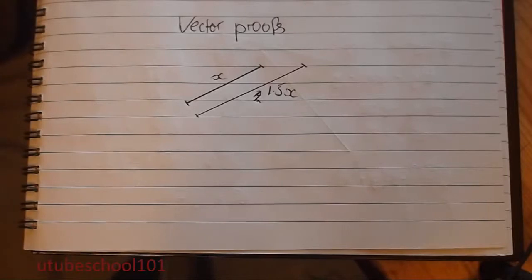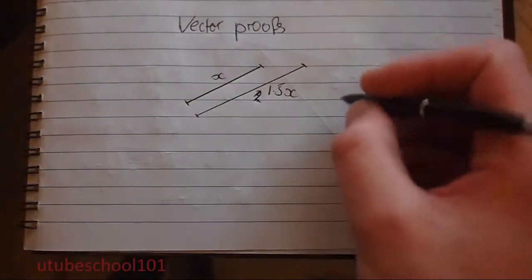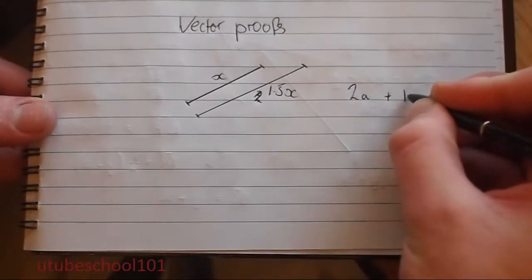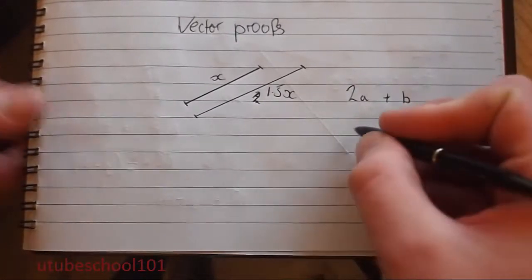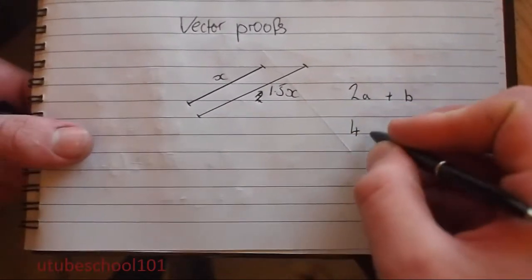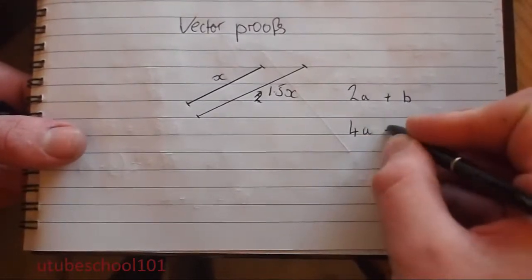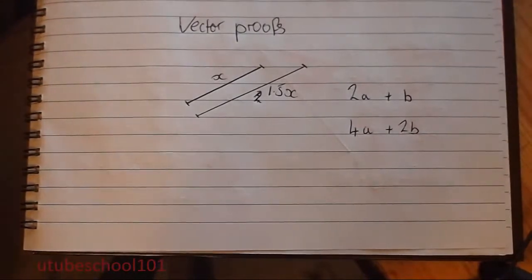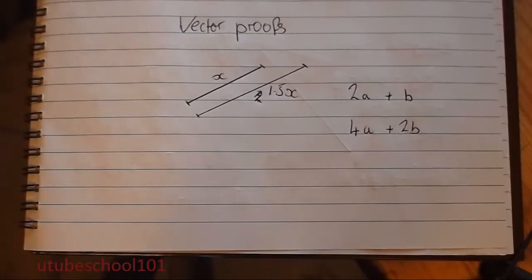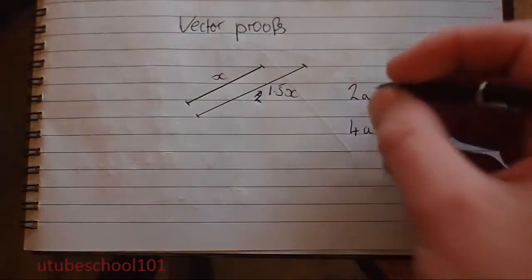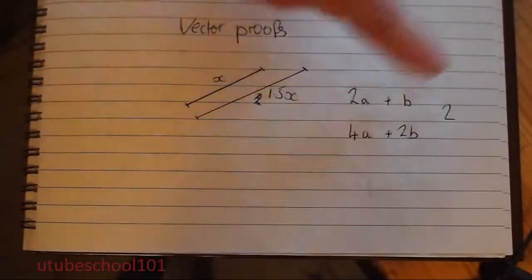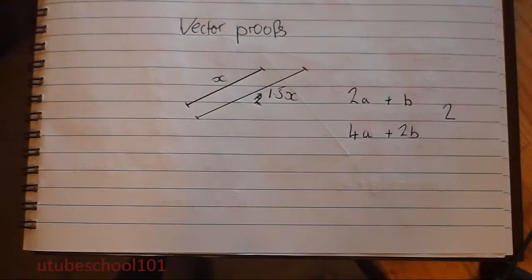How can I describe it? So say you have a vector here, 2a plus b. If, for example, I had 4a plus 2b, the smaller one is a factor of the larger one. It's a factor by 2. If you multiply this one by 2 and that by 2, you get this one.